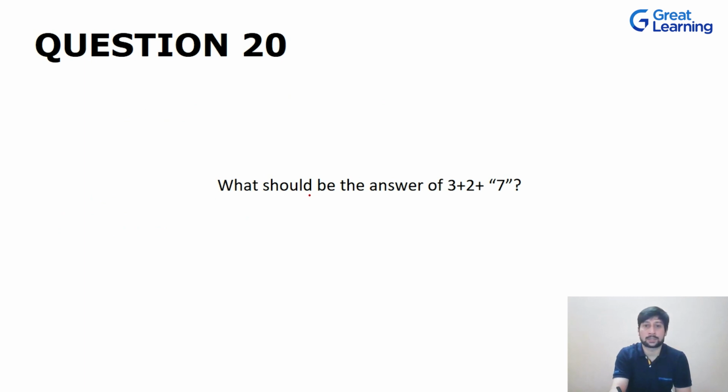Now let's talk about this question, what should be the answer when you're trying to add 3 plus 2 plus "7". This is a number, we know the data type of this, this is again a number, this is a string. Now what will be the value?